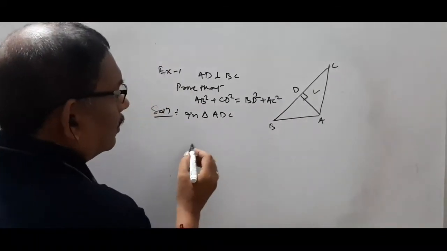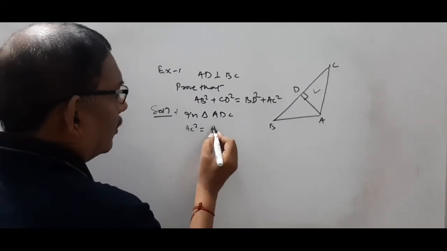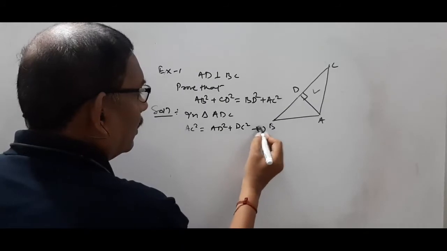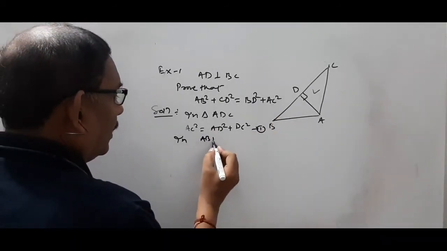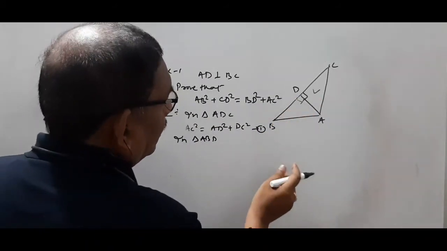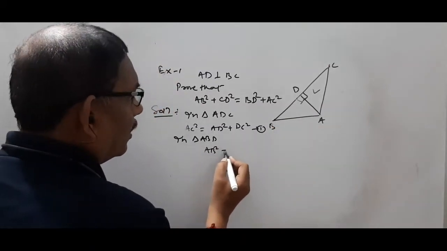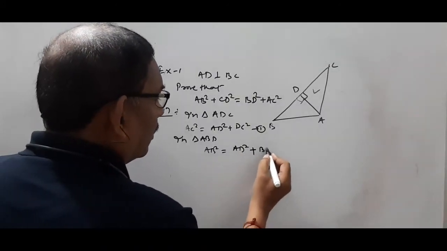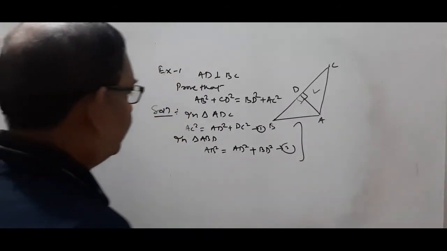Clear? So here AC square equal to AD square plus DC square. Equation 1. And in triangle ABD, here also, if it is 90 degrees, it is your hypotenuse. AB square equal to AD square plus BD square. Equation 2 by using the Pythagoras theorem.